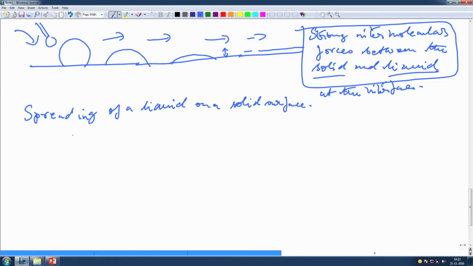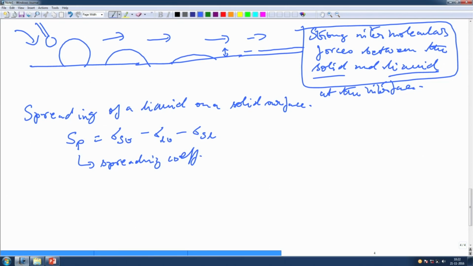If we define something like a spreading coefficient S_P, it is basically given by sigma_SV minus sigma_LV minus sigma_SL. This is called the spreading coefficient.